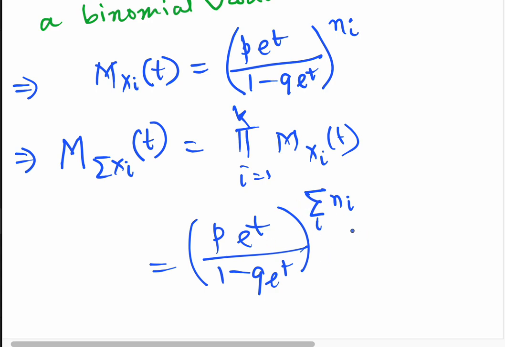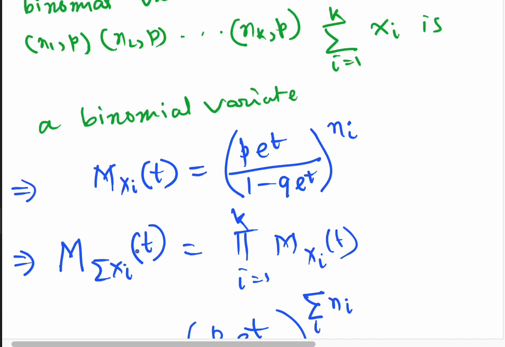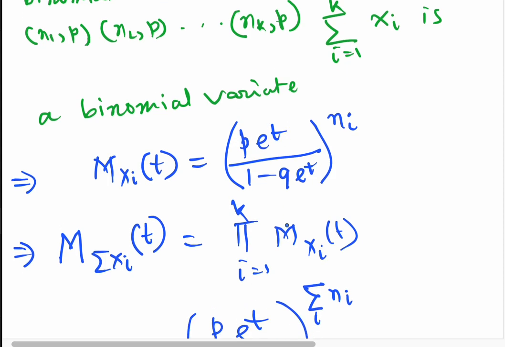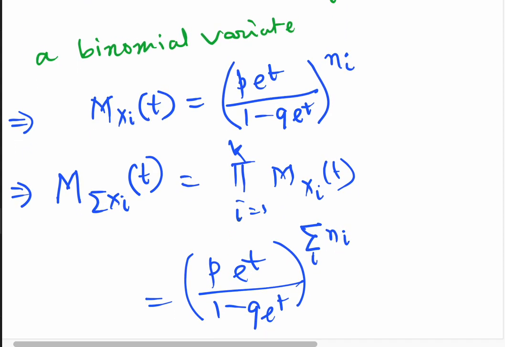So this is another binomial variate with parameters sigma ni and p. So that's it. So first statement is true.